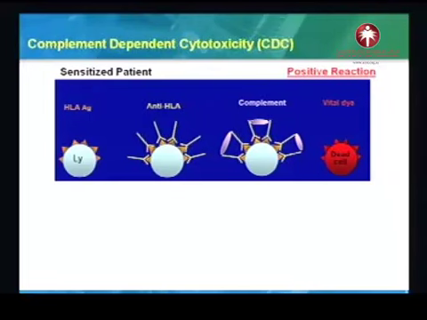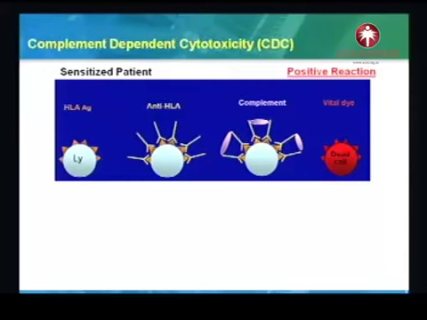After this initial incubation, we add complement, and the complement will complement the antibody function by making holes in the membrane. These holes allow a vital dye or any stain we use to enter the cell and stain it. This is what we refer to as a positive reaction.